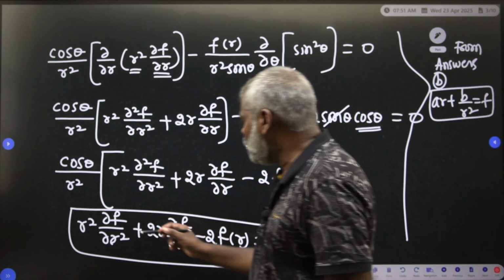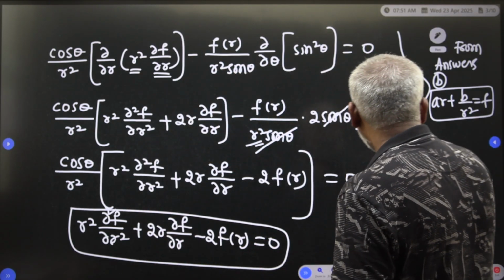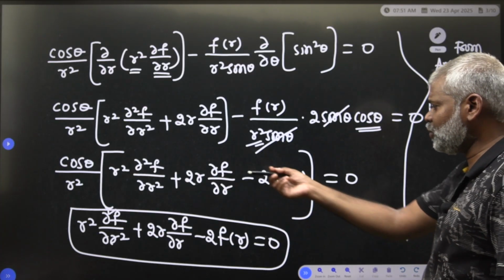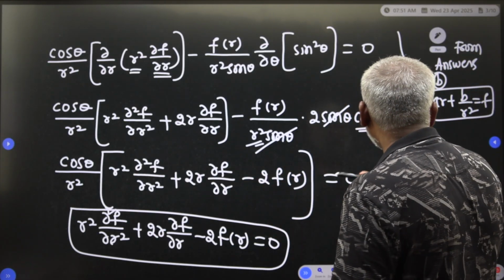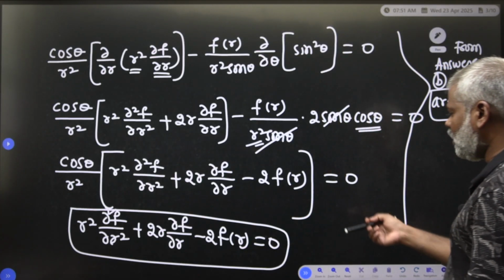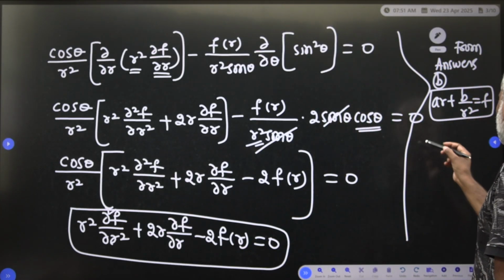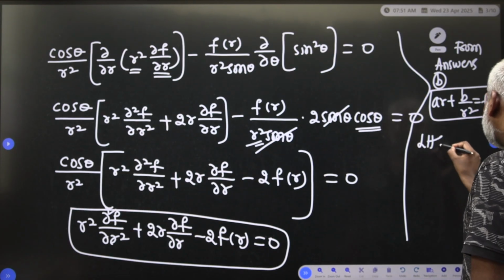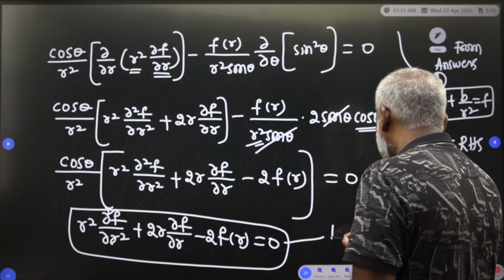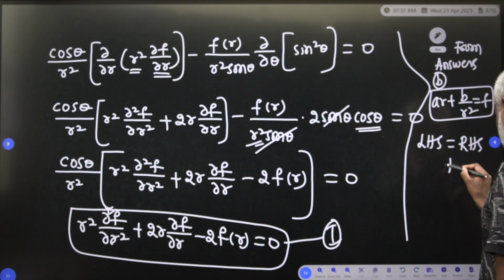Now you simplify here: the left hand side, you substitute r square into ∂²f/∂r² plus 2r into ∂f/∂r minus 2f. What will you get? Left hand side is equal to right hand side of the above expression, that is expression number 1.